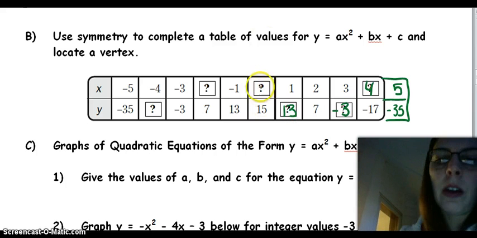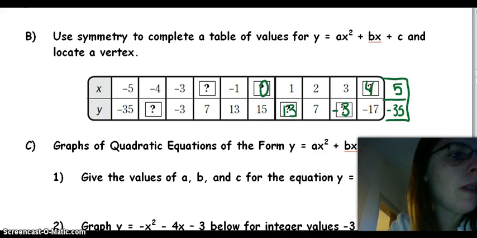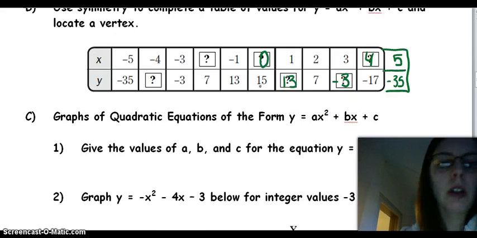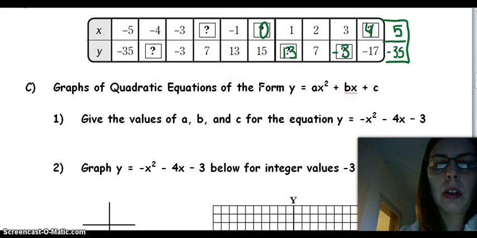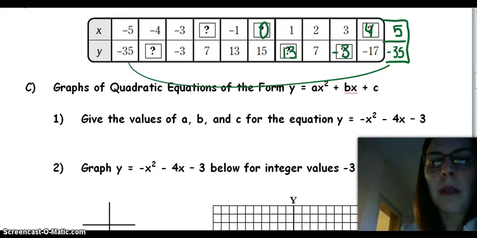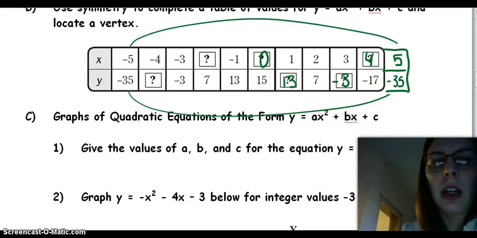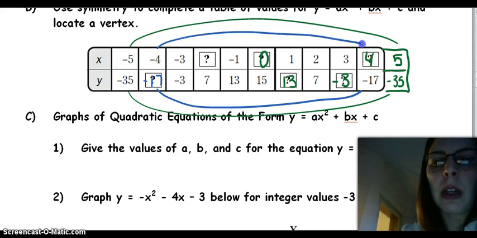And then we have a value of 0 here for 15. So if you kind of look at that, you'll see that these are the same and these are the opposite. And that's true. Oh, I didn't do this one. So this would be negative 17 as well. This would be the same as that, and these would be the opposites.